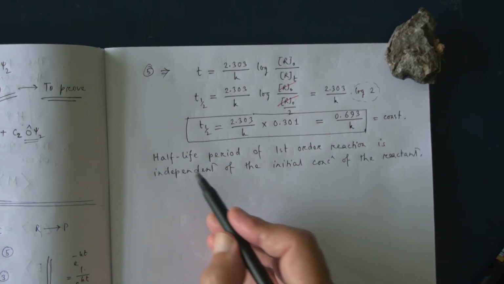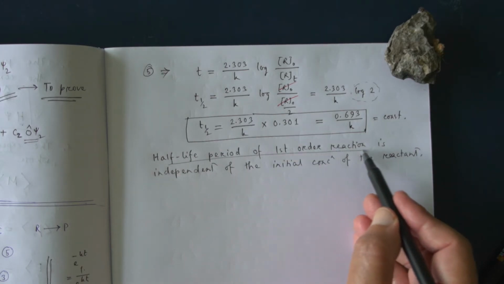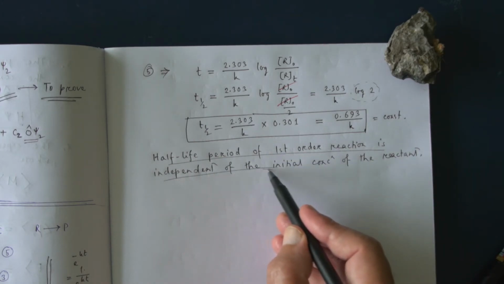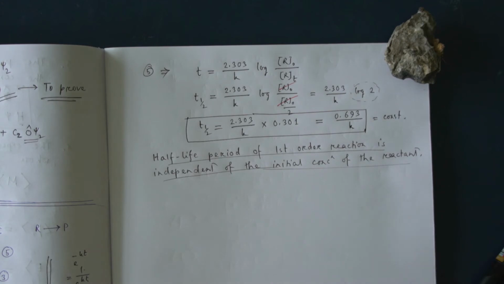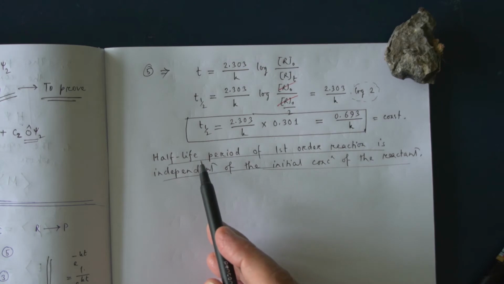The half-life period of a first order reaction is independent of the initial concentration of the reactant.